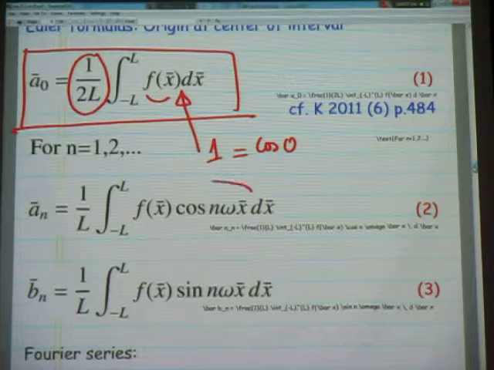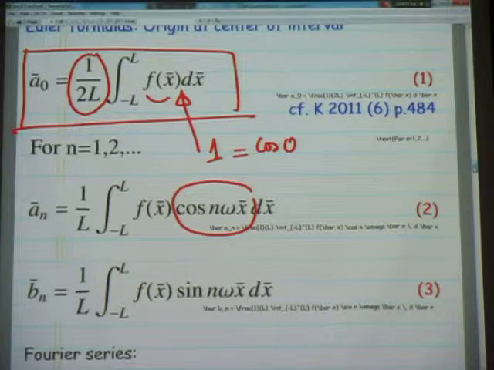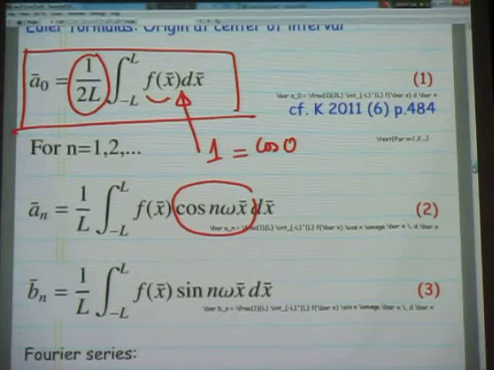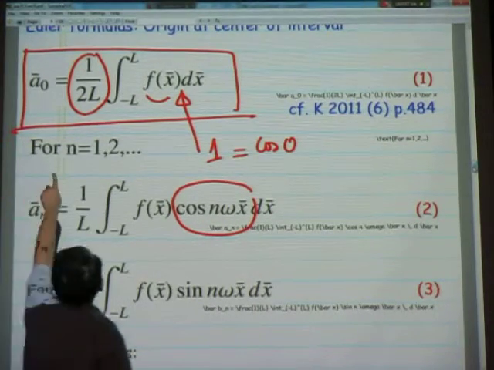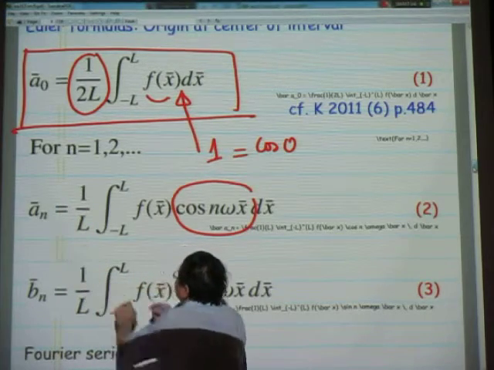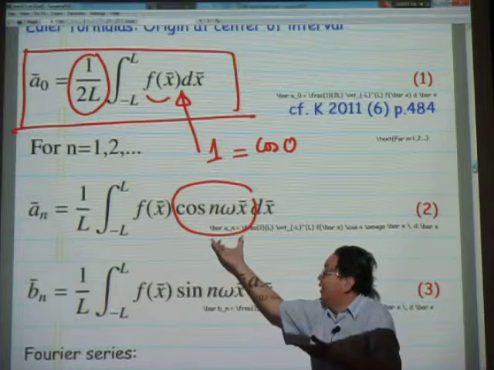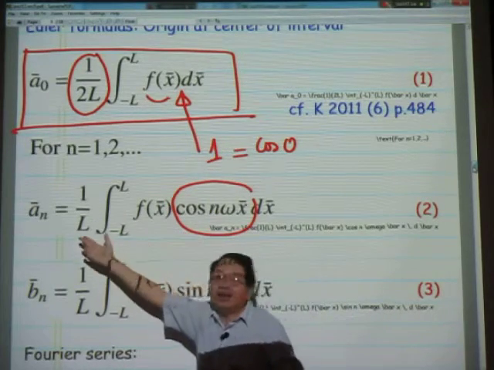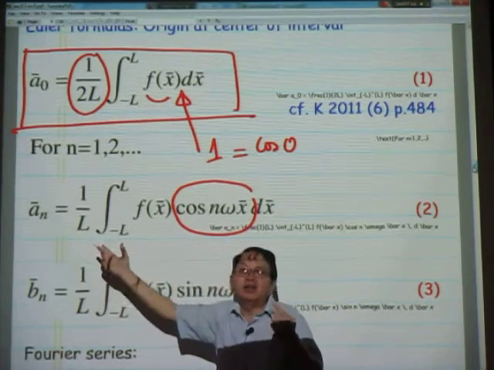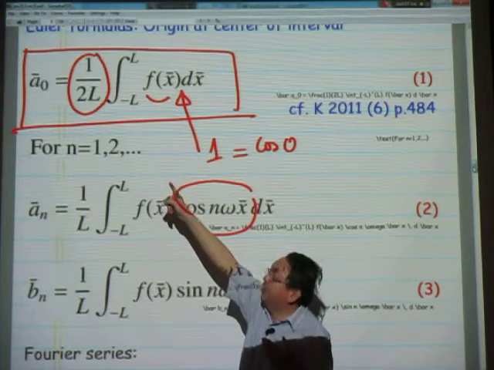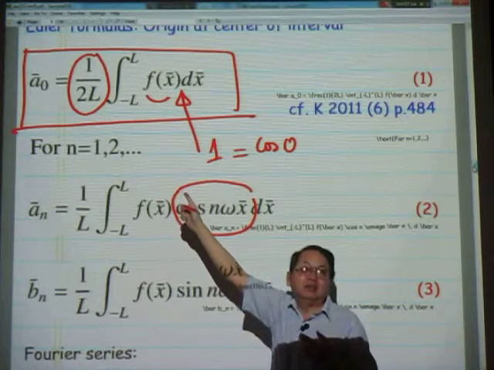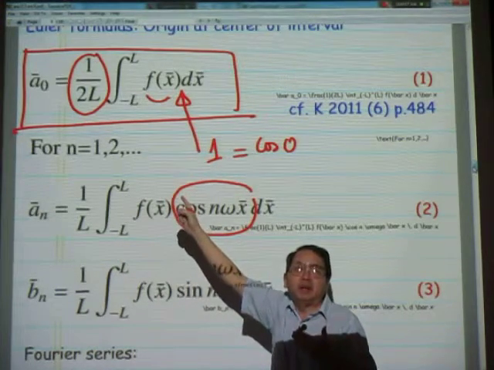So what I was trying to say is the following. If you think that you just replace n equal to 0 in the expression for a bar n to derive the expression for a bar 0, then you would get a bar 0, right? But unfortunately, that's not true. There's a factor 1/2 that you need to keep in mind.